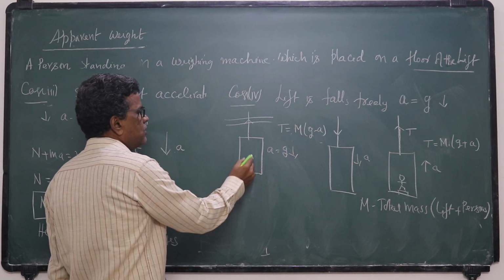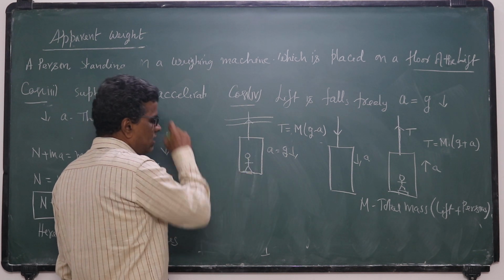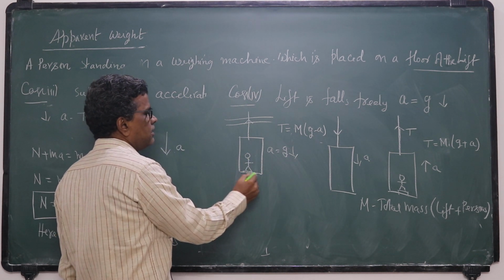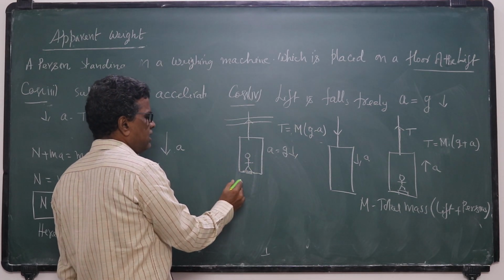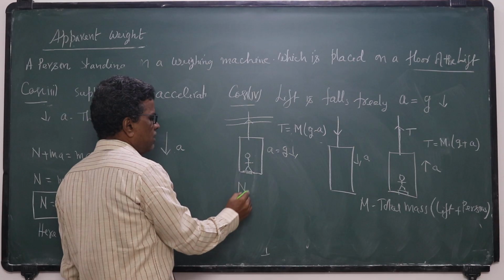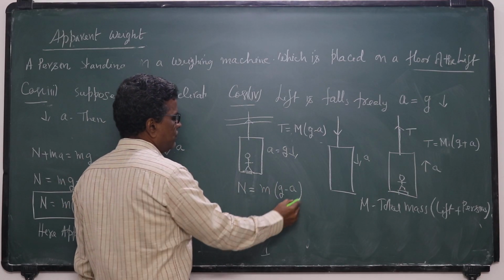That means the weight of the person, then what is the weight of the person? So what are the forces acting on the person? Here, when the lift is moving down, what is the normal reaction? N is equal to m of (g minus a), isn't it?